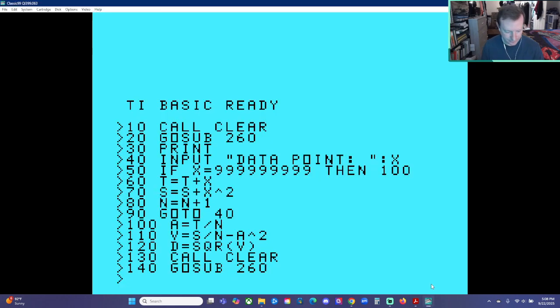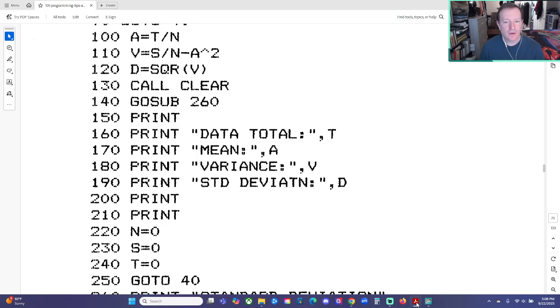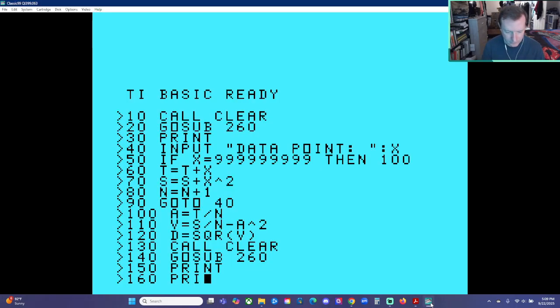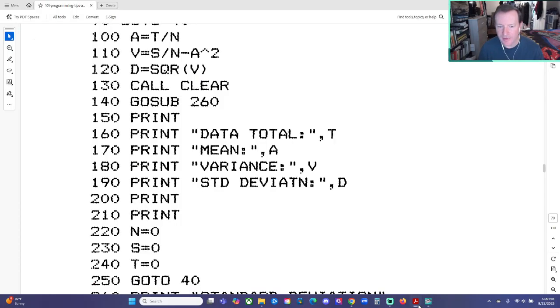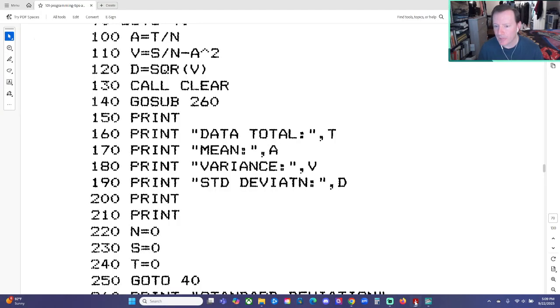150, print. 160, print data total. I'm going to check the, okay, we don't have a space there.